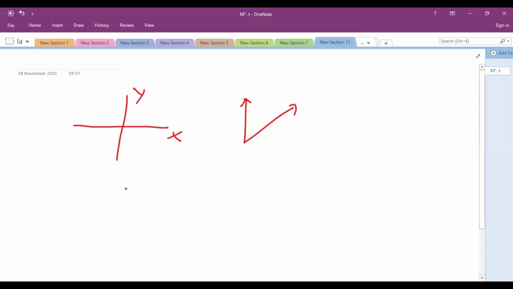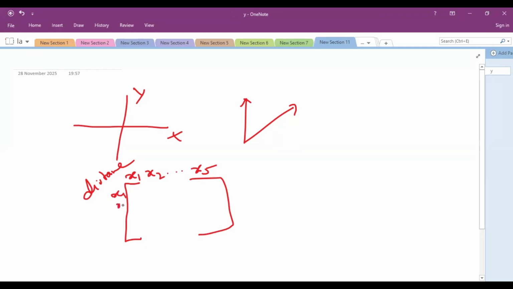Secondly, in case we have a matrix of distances, let us take some variables x1, x2, x3 up to x5, along both rows and columns. This matrix denotes the distance between x1 and x1, which will be 0, the distance between x1 and x2, and so on. Likewise, if we have this distance matrix, it can be used for clustering.